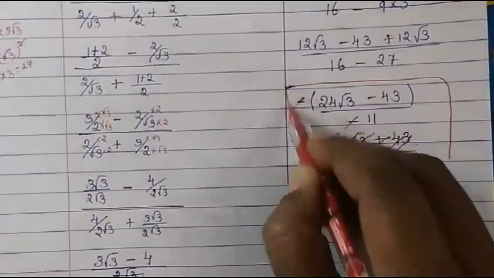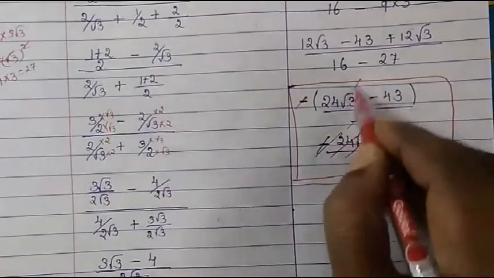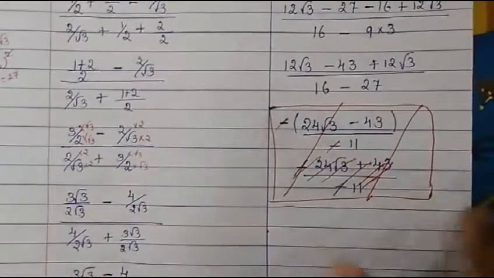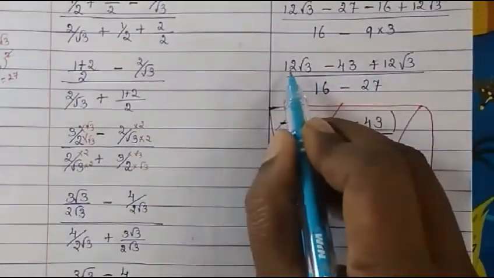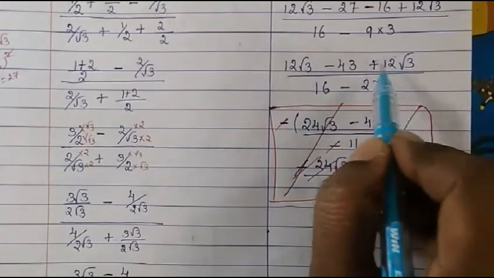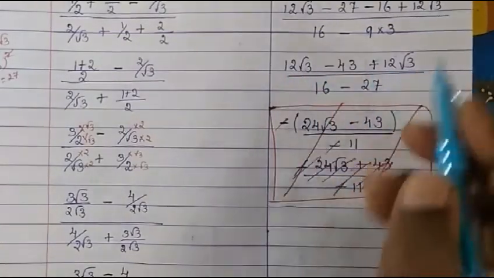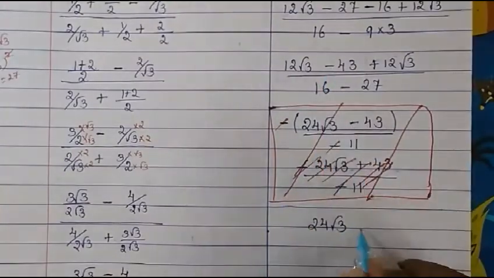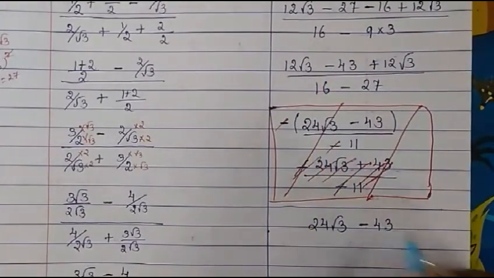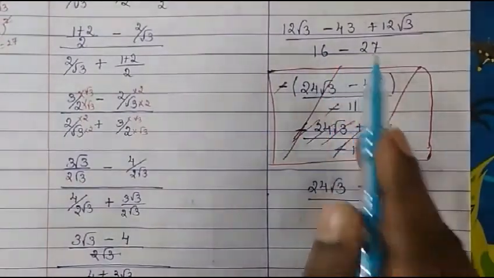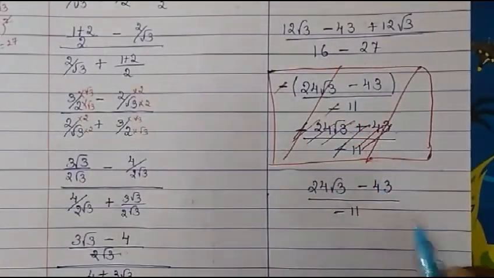Okay, so this step just forget. Okay, I'll teach you properly. This 12 root 3, 12 times root 3, here 12 times root 3, it is in plus, this is also in plus. So we get 24 times root 3. Then we have minus 43 upon 16 minus 27 will give us minus 11.